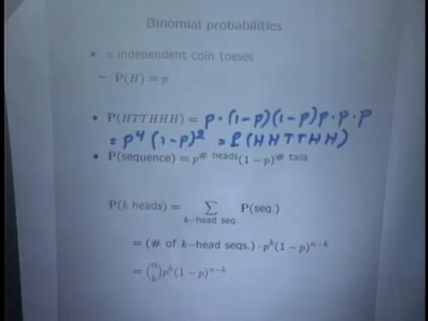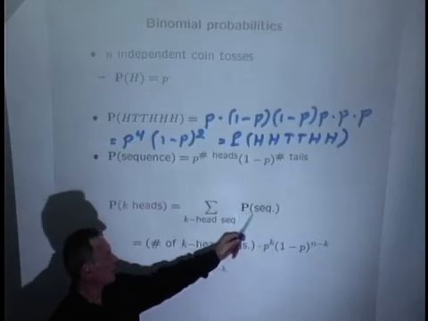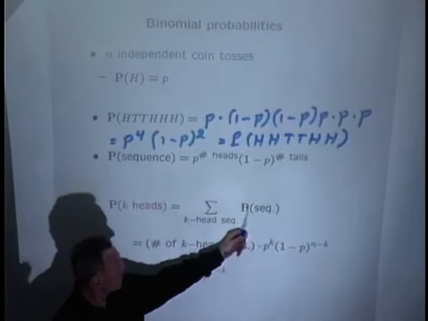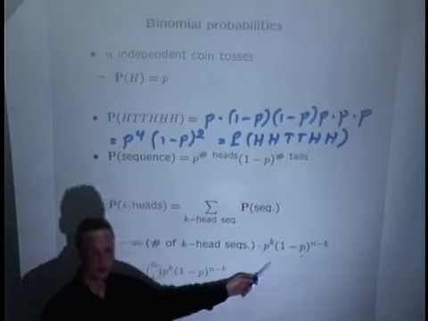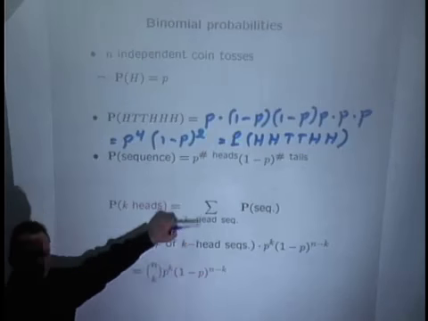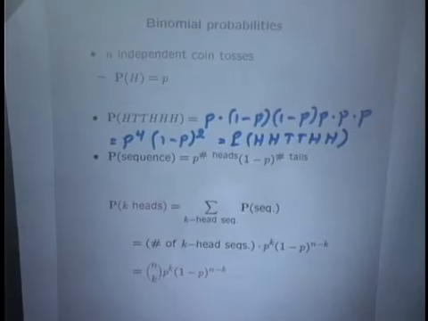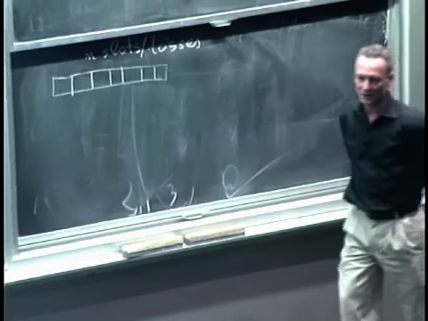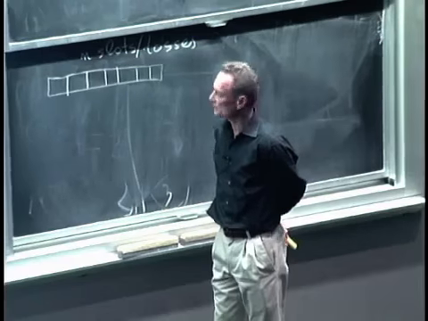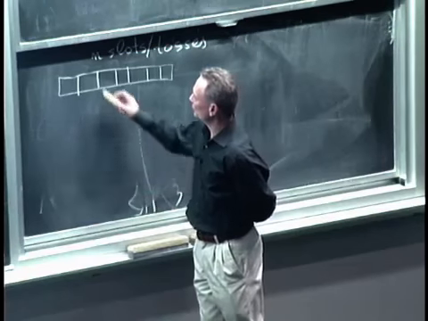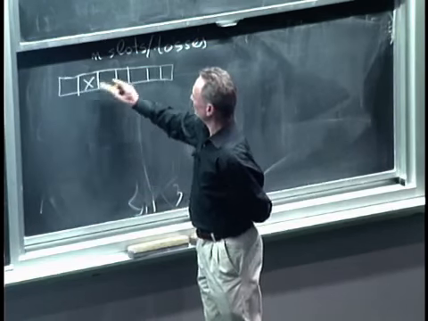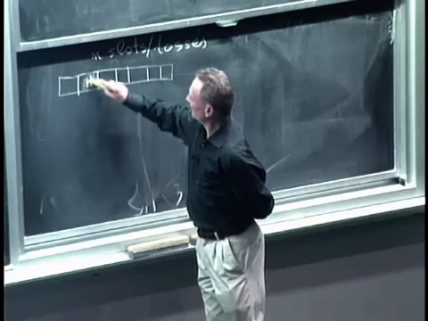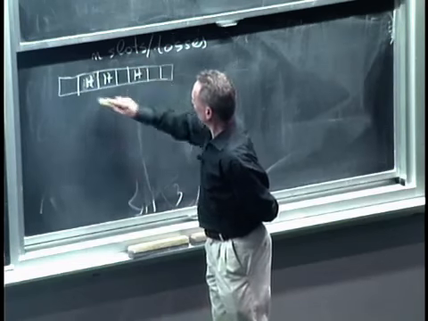So to do this summation, we just need to take the common probability of each individual k head sequence times how many terms we have in this sum. I'm interested in particular sequences that have exactly k heads. So what I need to do is to choose k slots and assign heads to them.